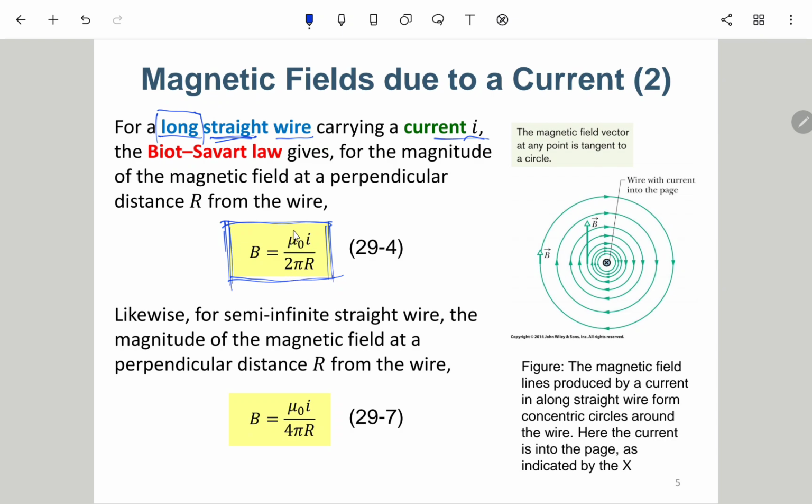So the magnitude of this B field is mu 0 I over 2 pi r. mu 0 is 4 pi times 10 to the negative 7, and this is also a constant. So this is a current. This B field is proportional to the current and inversely proportional to the distance.